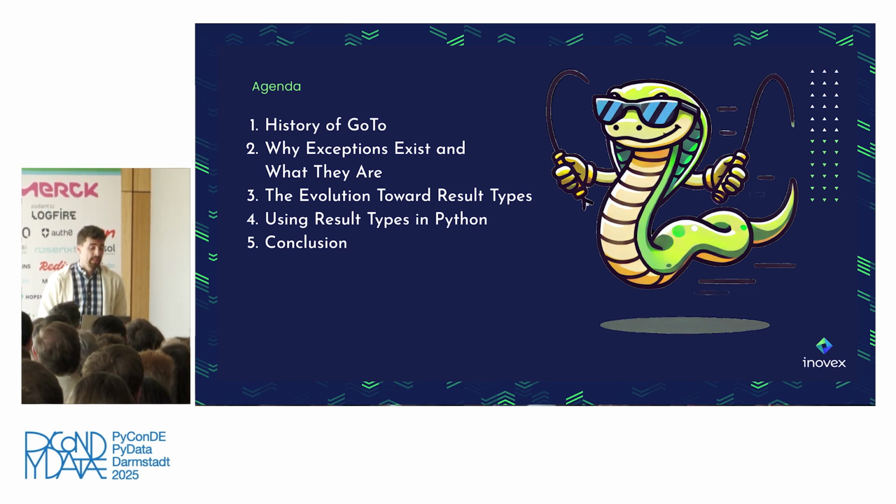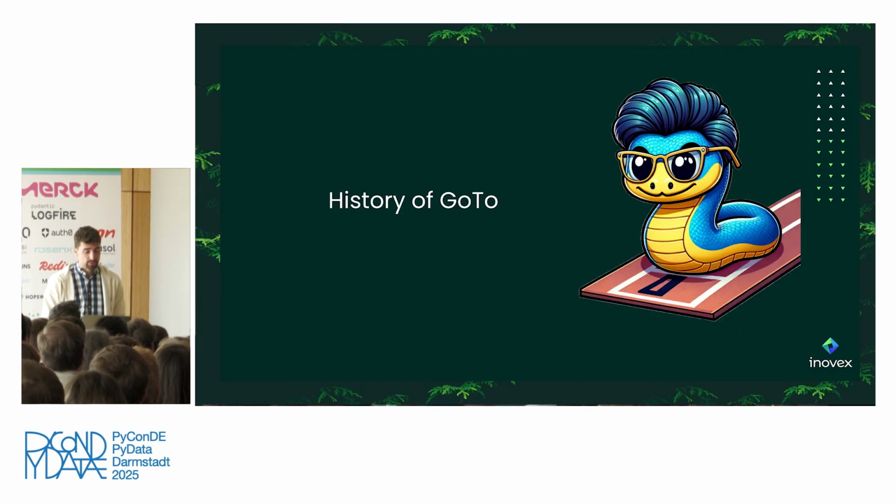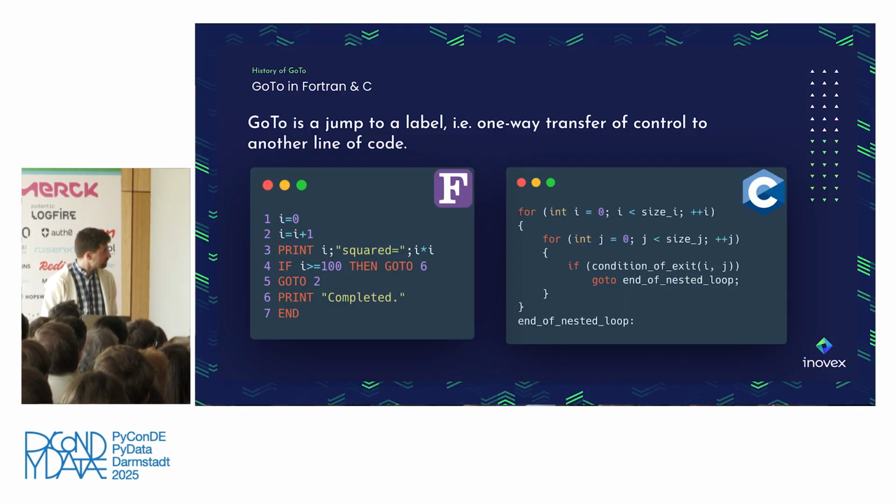And also the evolution towards a kind of successor of exceptions, towards result types. And then, of course, we want to see how we can use result types in Python. And in the end, I'm going to wrap everything up with a small conclusion. So let's get started with the history of Goto.